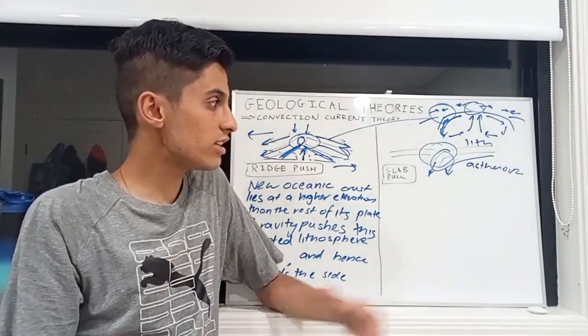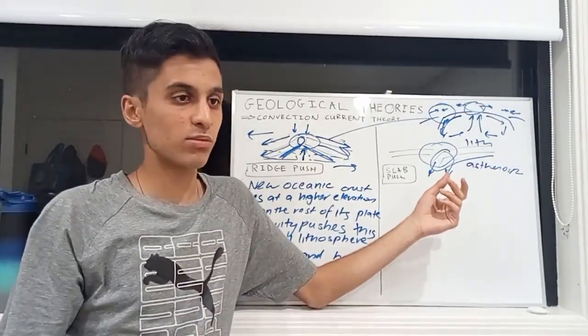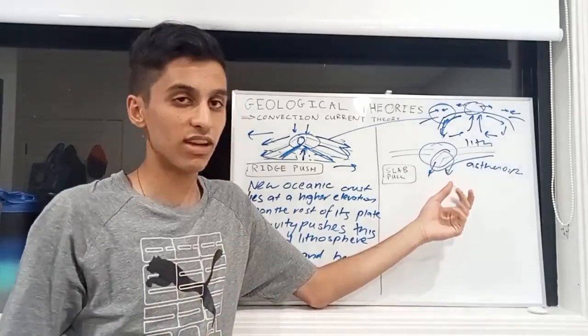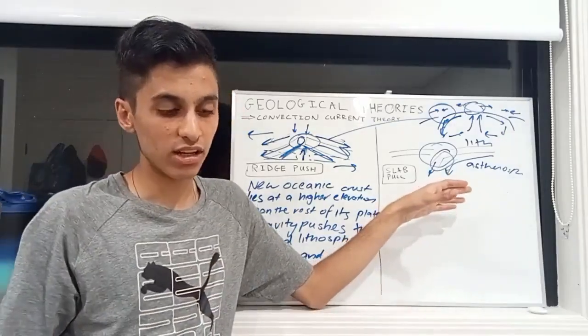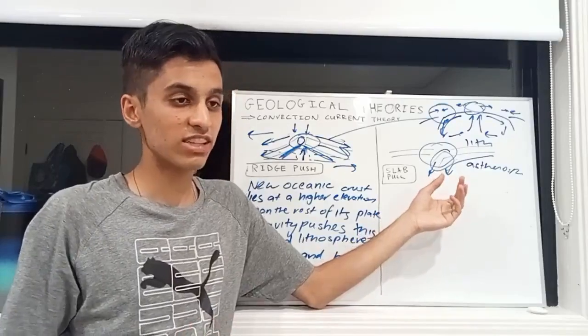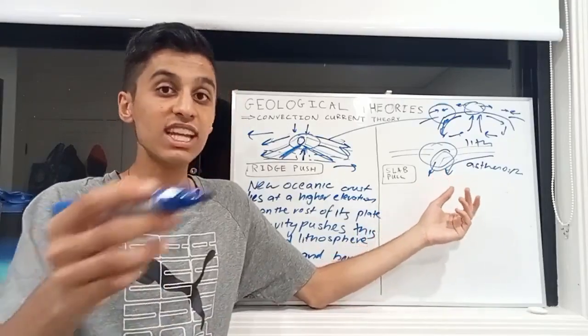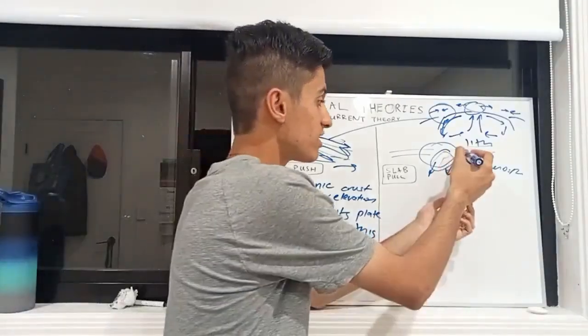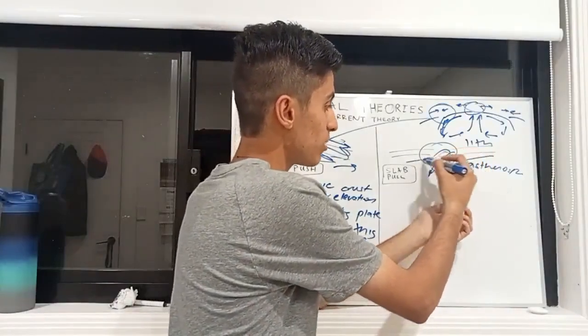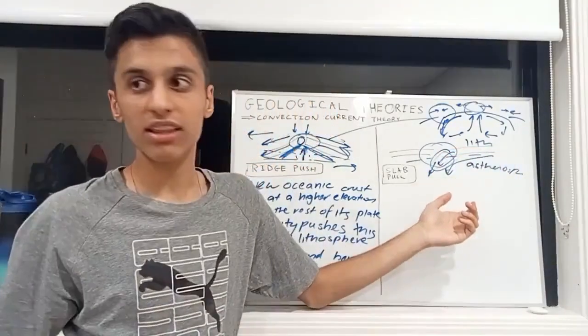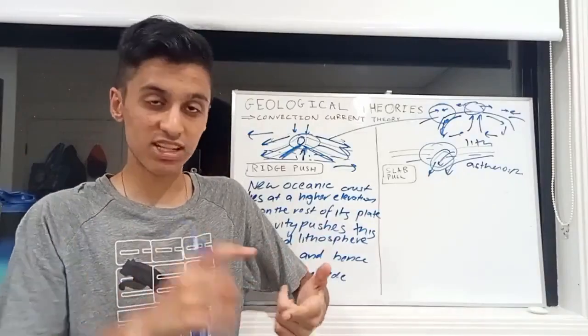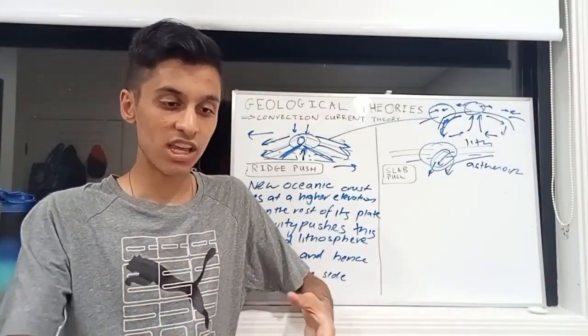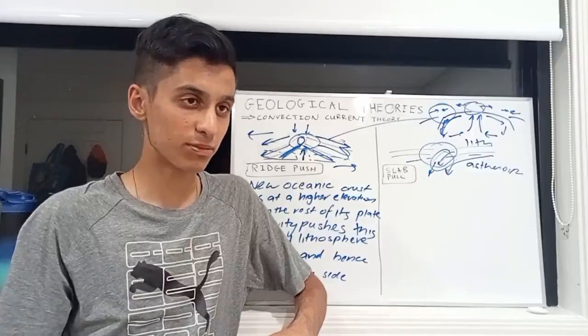Since the lithosphere is much denser than the asthenosphere, and this is because the lithosphere is a solid, right? It tends to sink down when it comes in contact with the asthenosphere, and it sinks down because it's firstly denser, and secondly it's the friction of the convection currents.